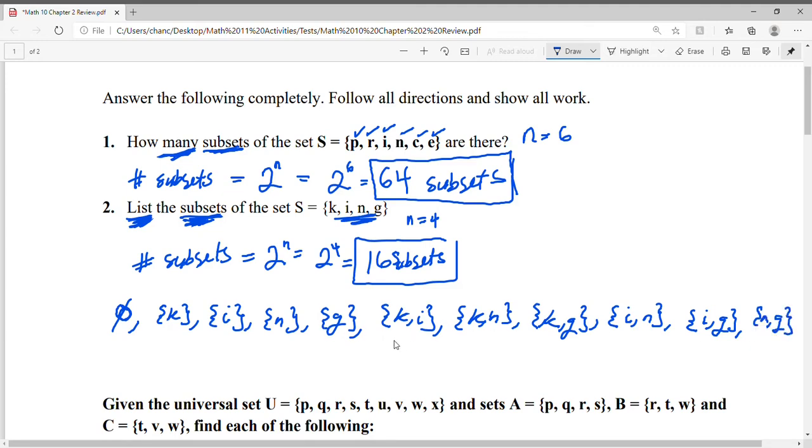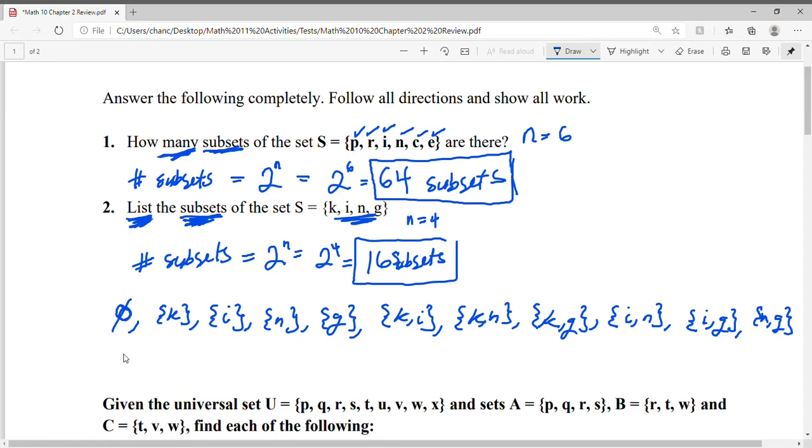So we have the sets with 2 elements: KI, KN, KG, IN, IG, and NG. Okay. So you're just going to have to use trial and error and just make sure you don't repeat any of these sets with 2 elements in it. And again, if I switch the letters, it will be the same subset. So KI and IK are the same set. So we have the doubles.